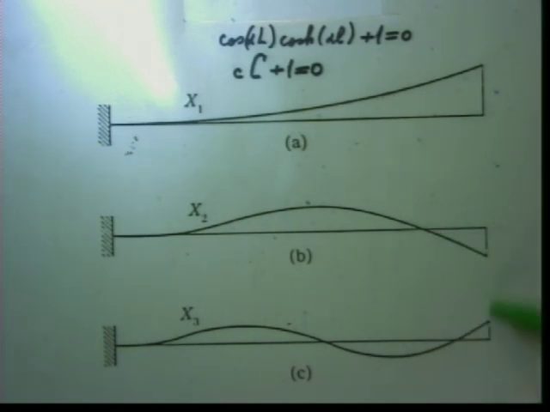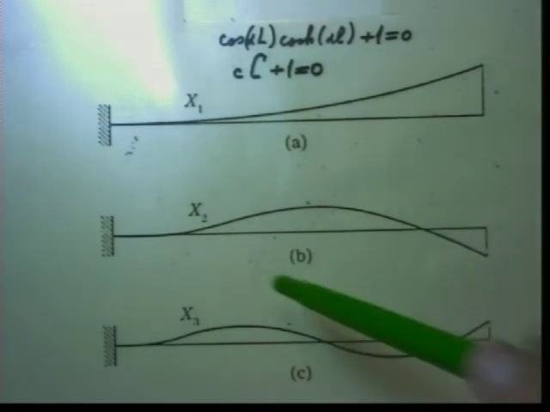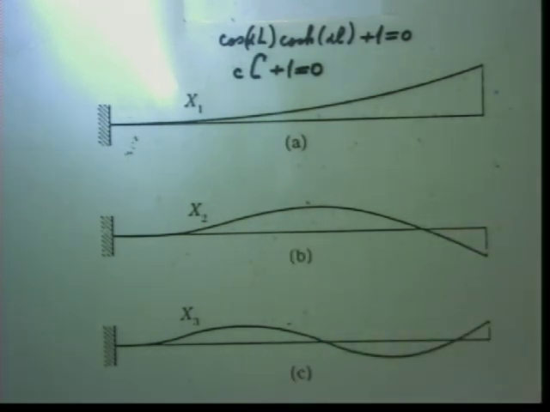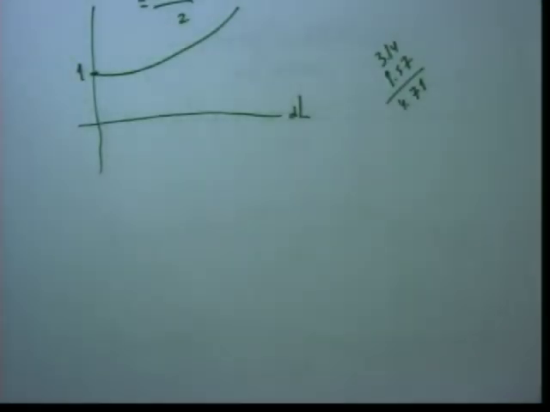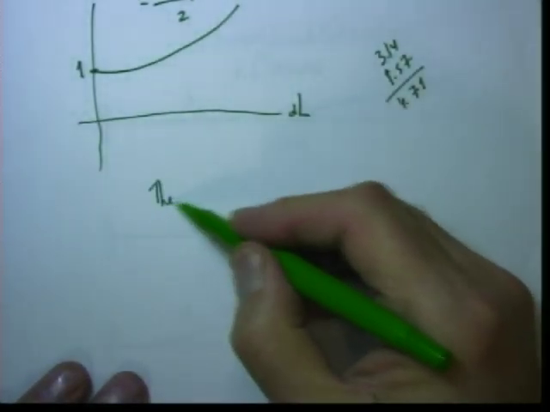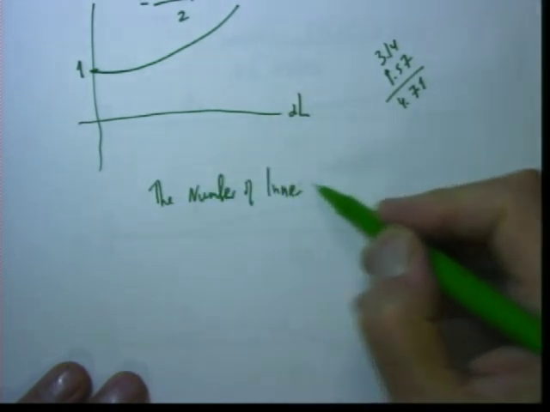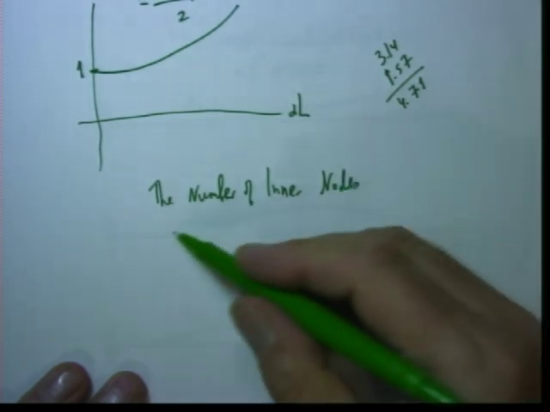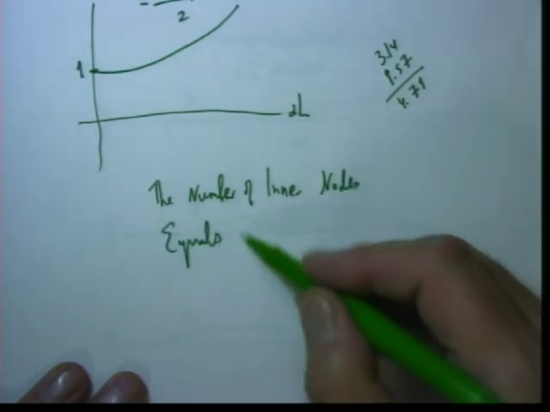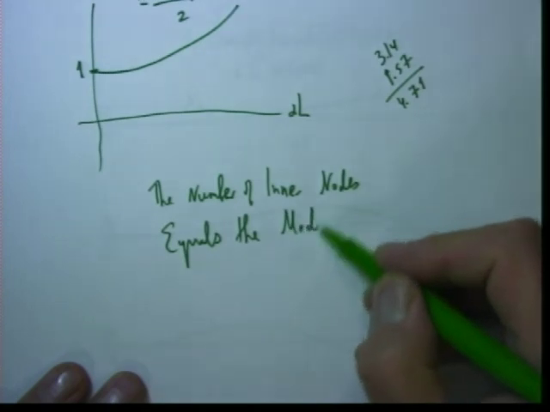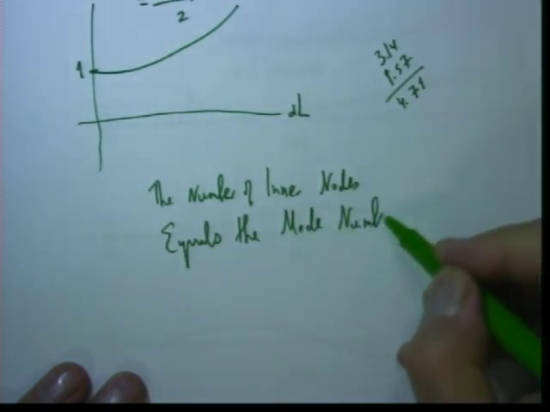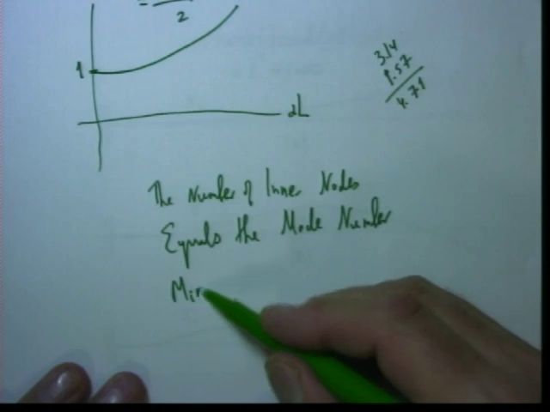And now we can actually conclude that the number of inner nodes equals the mode number minus 1.